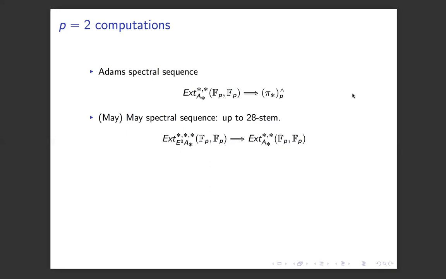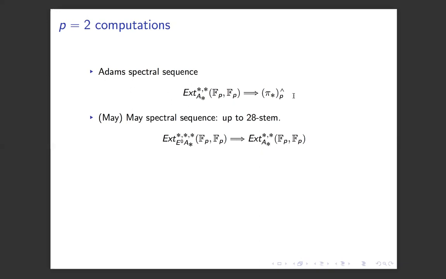The first problem is, where do we start? As in, how do we compute the E2 page? How do we compute this Ext group? The second question is, how do we solve all the differentials? How do we compute all the non-zero differentials? And the last problem is, how do we solve the extension problems? Namely, how do we get from the infinity page the thing we actually wanted to compute? So there are extension problems over there.